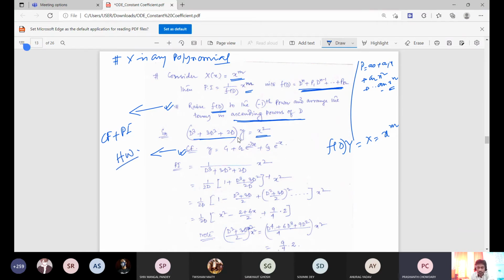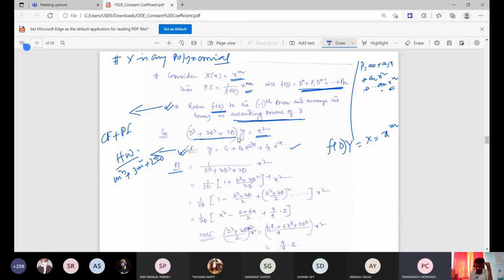You just have to find the auxiliary equation, m cube plus 3m square plus 2m is 0, so you can simply find the values of m to get the value of CF. But our target here is to find PI.